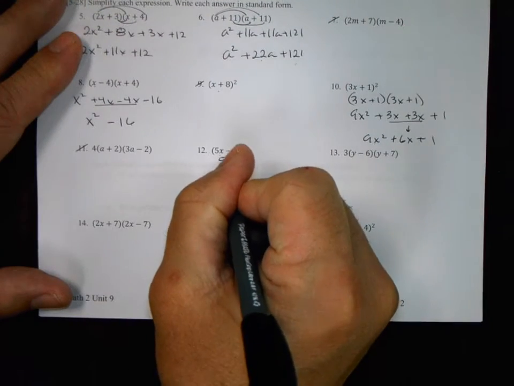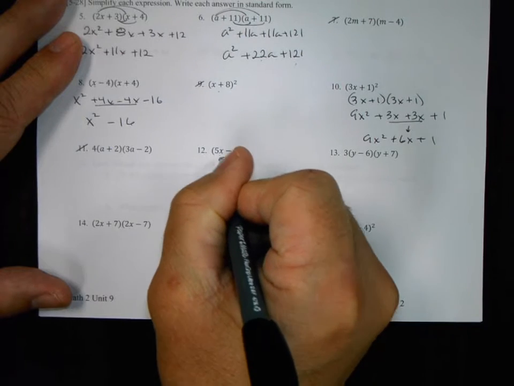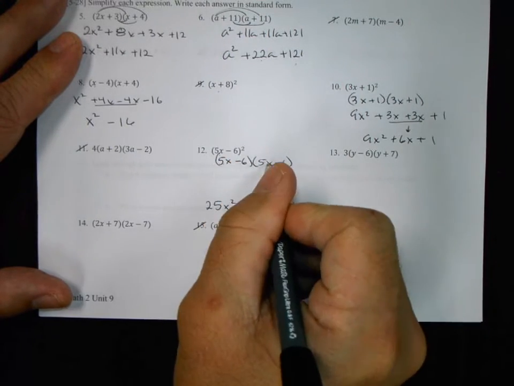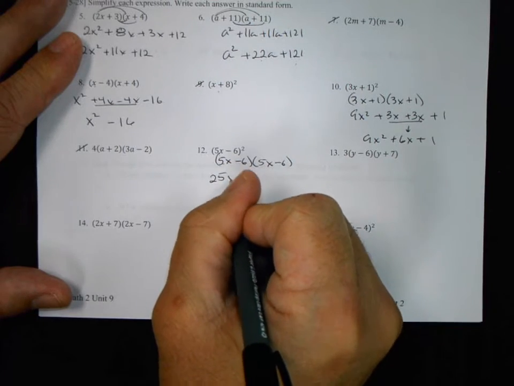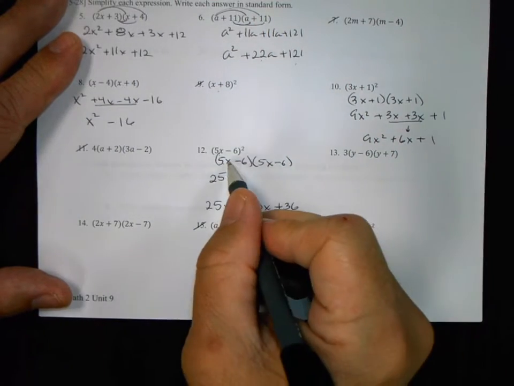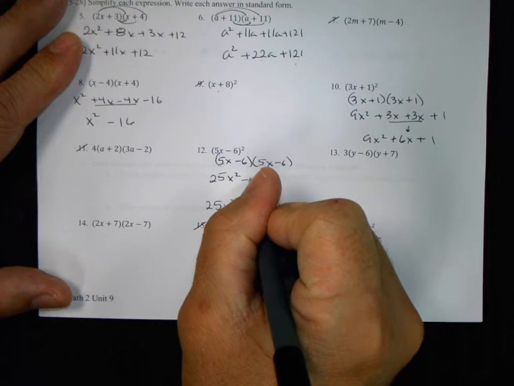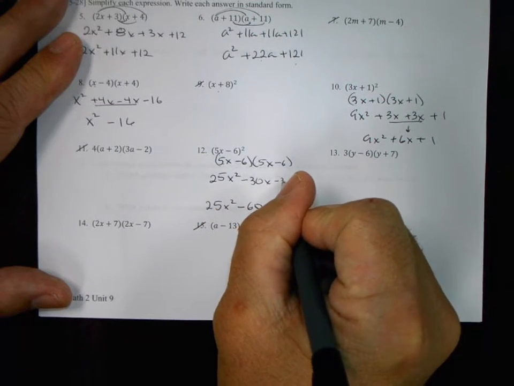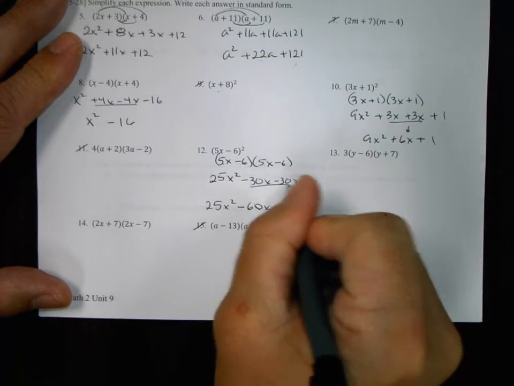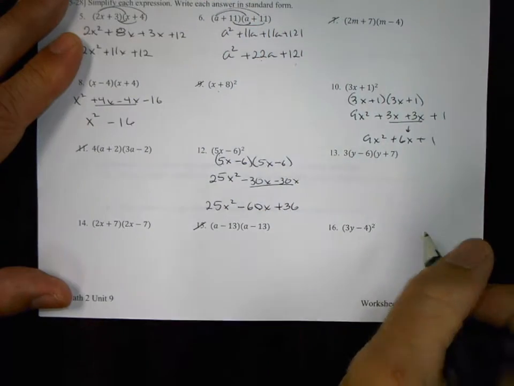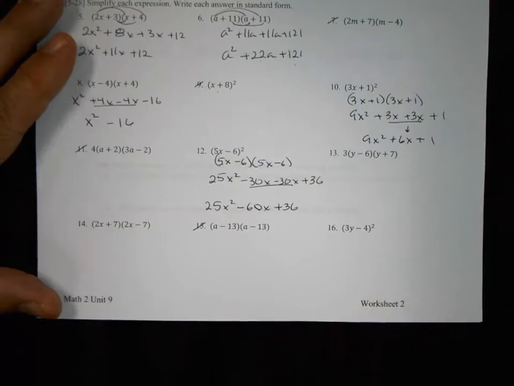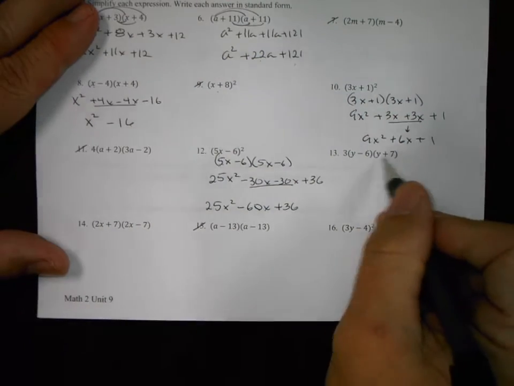Well, this is 5x minus 6 times 5x minus 6. 5x times 5x is 25x squared. So far, so good. 5x times negative 6 is negative 30x. Negative 6 times 5x is negative 30x. Add those together, you get negative 60x. And negative 6 times negative 6 is positive 36. And there you go.